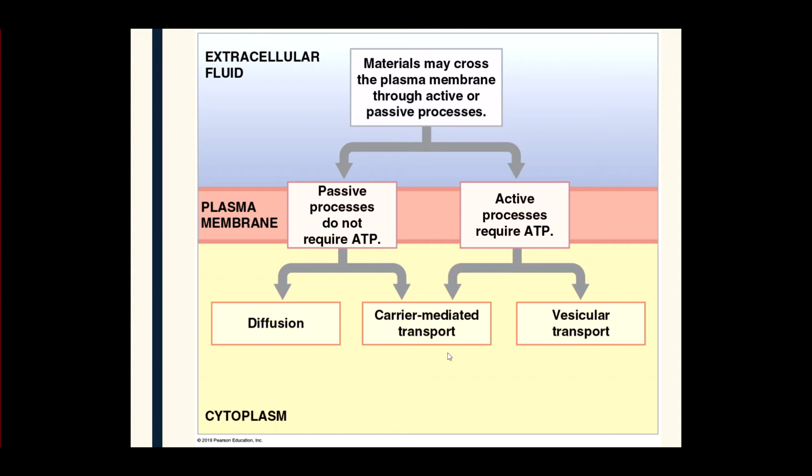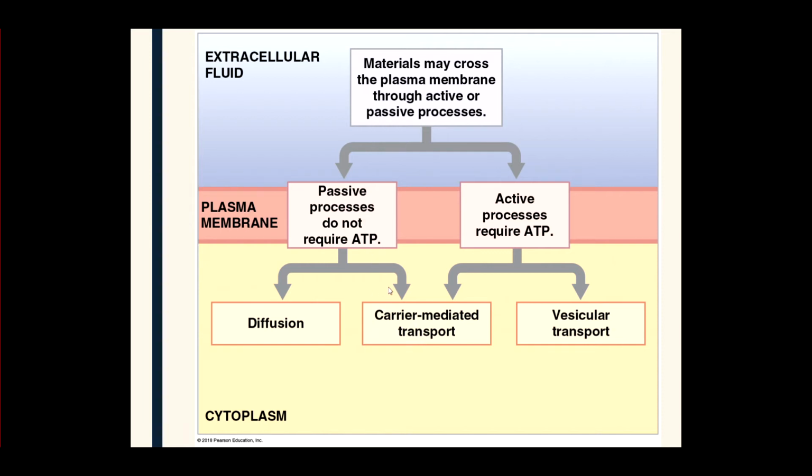So here's again a diagram showing us the different types of processes as far as energy. We know that materials may cross the plasma membrane either through an active or a passive process. So we're going to see over the next couple lessons that the passive processes, as I said, don't require any ATP. That's going to include diffusion, which we're doing in this lesson, and then in future lessons we'll take a look at different types of carrier mediated transport.